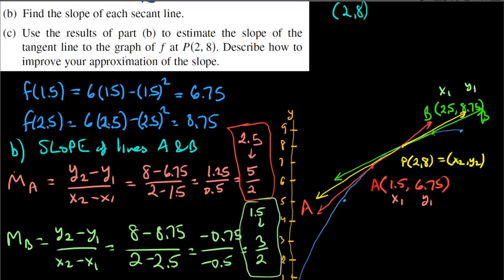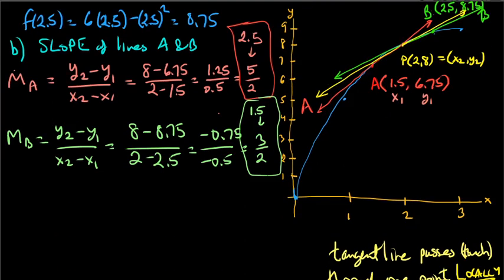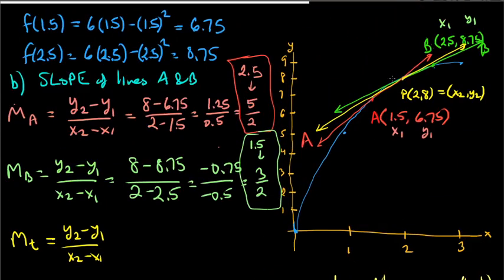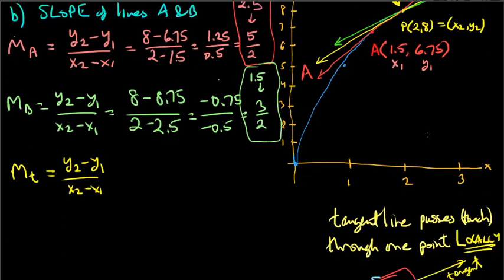All right, so can we estimate the slope of the tangent line? Let's use yellow here and call it T for tangent line. Well, we have the same formula, y2 minus y1 over x2 minus x1. But here's the problem: the tangent line only touches the graph once, at least for the blue graph, at the single point (2, 8).